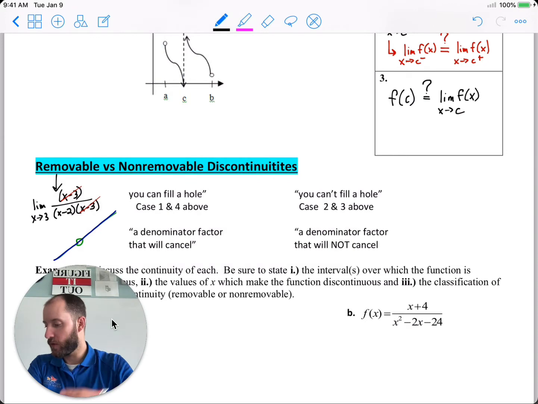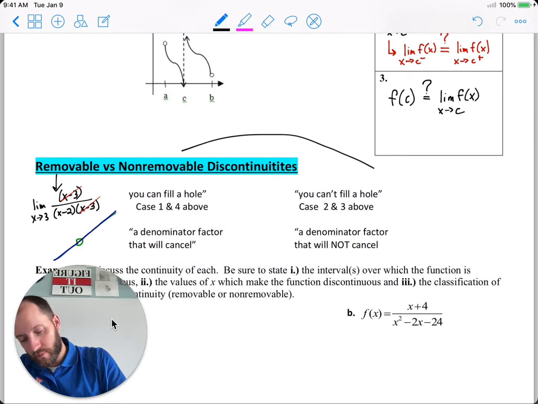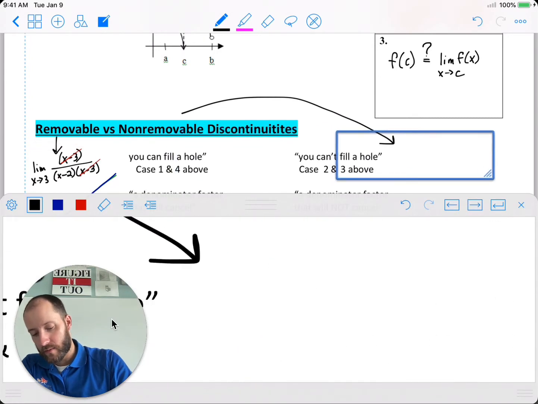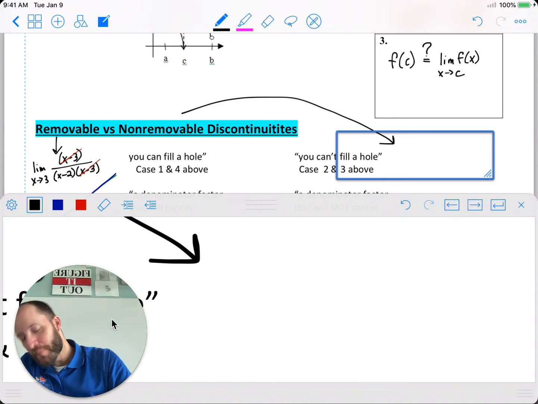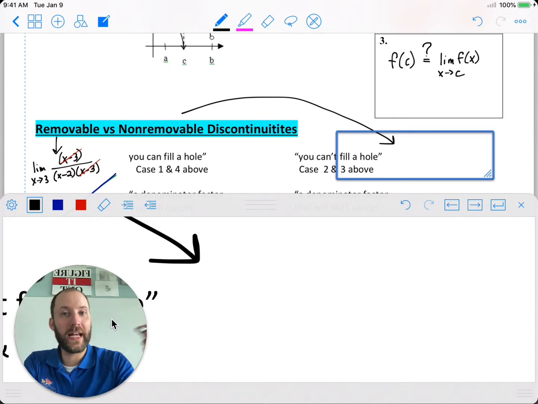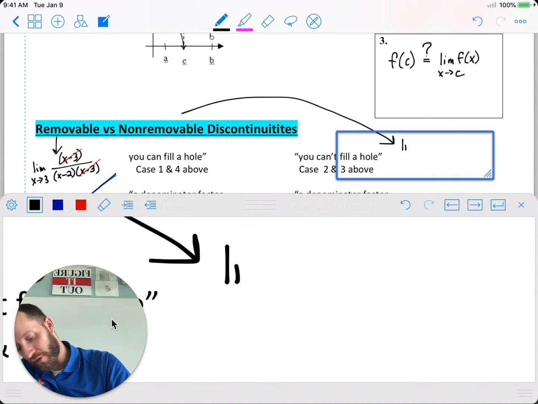A non-removable discontinuity, to kind of put it tongue in cheek, is something you can't remove. But it's something like a vertical asymptote, where there is no problem factor that you can get rid of.